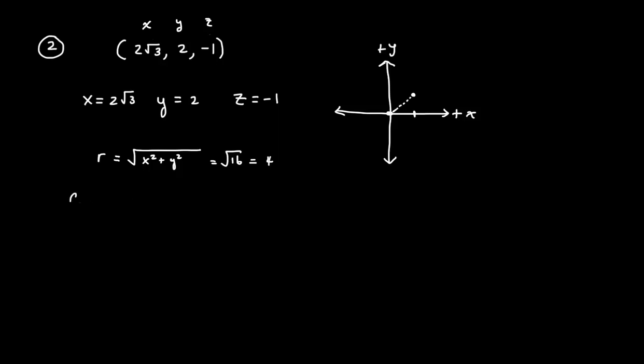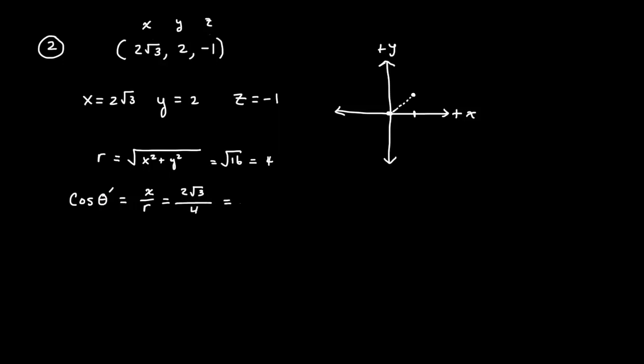Now we're going to find theta. I like to use the relationship with cosine. So we're going to say cosine theta, and I'm going to use a prime. I'll explain why I'm going to do that in just a moment. And that was the relationship x over r. So x is 2 radical 3, and r we computed to be 4.